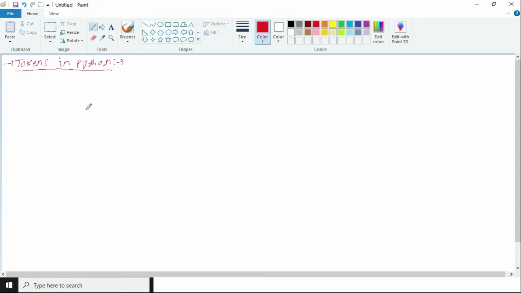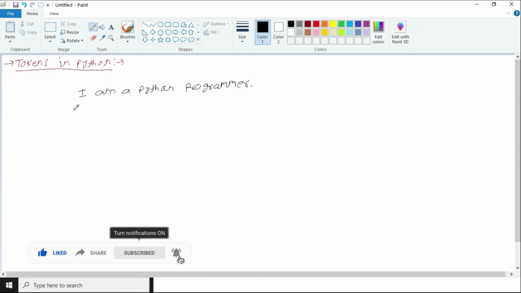Suppose I write "I am a Python programmer"; in this sentence there are multiple individual units. Those individual units which form this sentence are called tokens. Means this one, this one, this one, this one, this one, and even this period. All these individual units are called tokens.